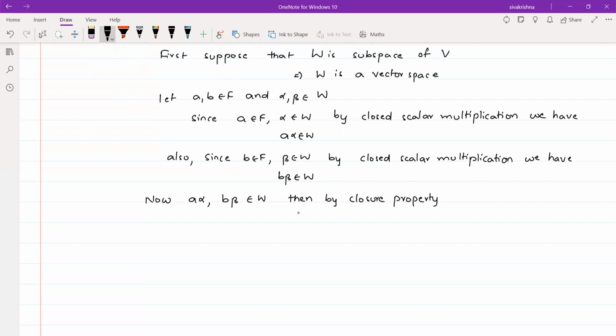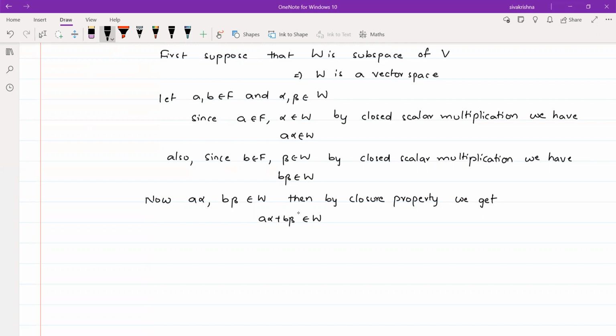So by closure property, since the operation is plus, we get a alpha plus b beta belongs to W. This is because of closure property in W: since W is a vector space, W with plus is an abelian group, so closure property holds with respect to addition.